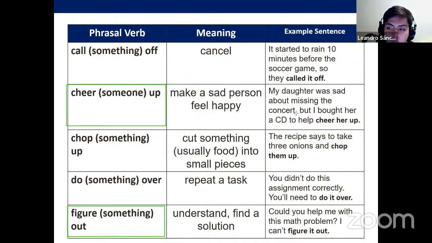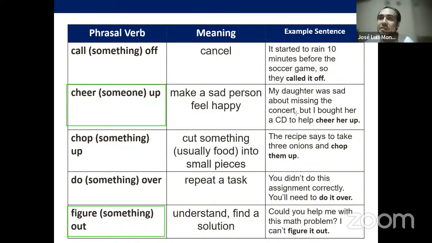Okay, my dog was always sad when I left my home, but when I, how do you say volver?